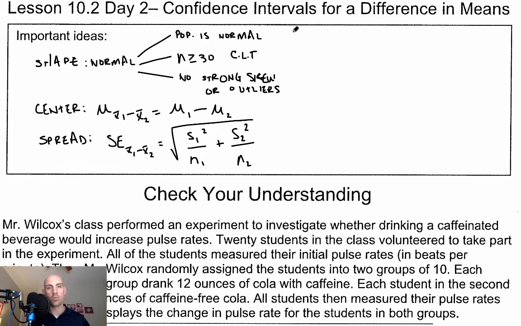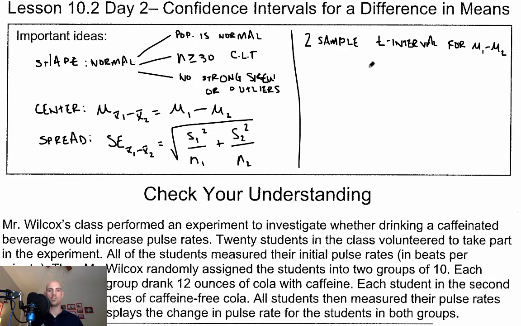Okay. What we're actually going to be doing is called a two-sample t-interval for the difference in means, and we can write mu1 minus mu2.